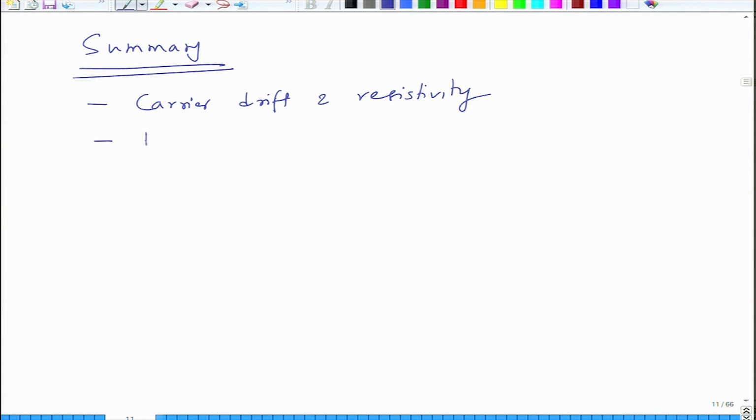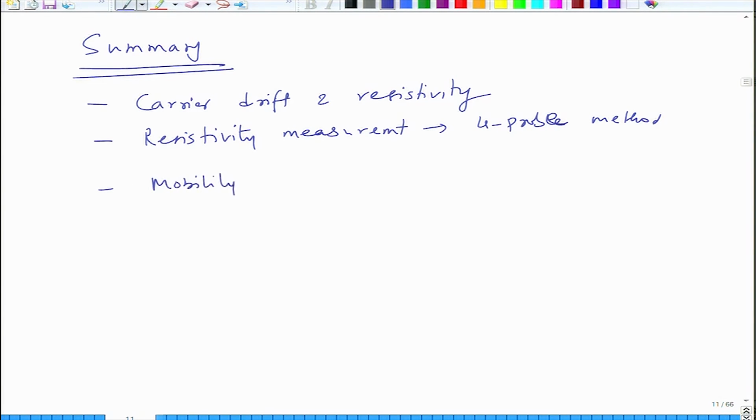Then we looked at resistivity measurements, which is made by the 4 probe method. Then we briefly talked about mobility measurement, which is done using Hall measurement.